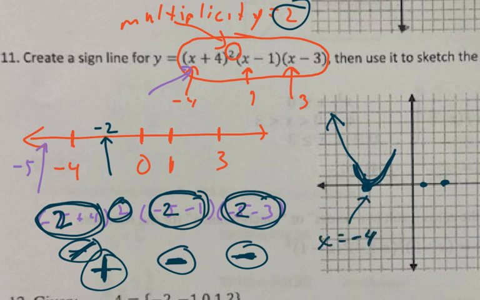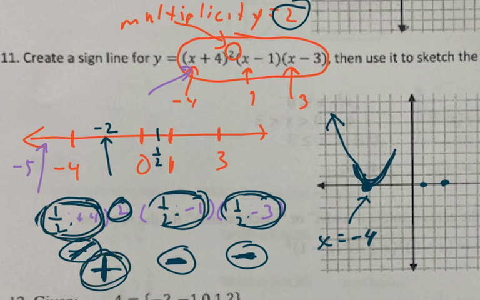Okay? Now, let's pick a value between 0 and 1. So how about we put in 1/2. So watch carefully here. Notice how I'm putting in 1/2. Now, 1/2 plus 4 is positive.